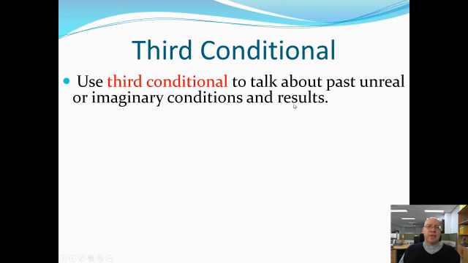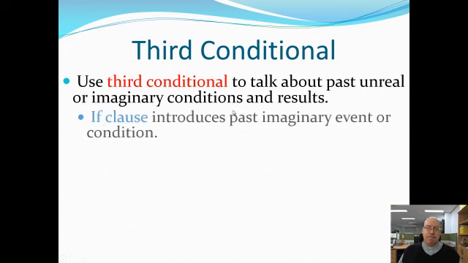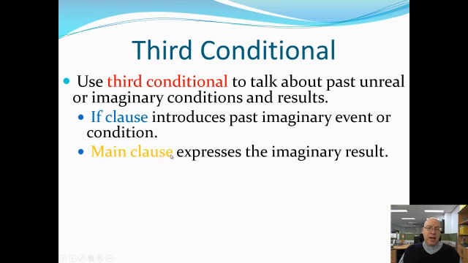So let's consider the third conditional. We use the third conditional to talk about the past, unreal or imaginary conditions and results. So now we're going to be using the past. The if clause introduces a past imaginary event or condition. The main clause expresses the imaginary result.